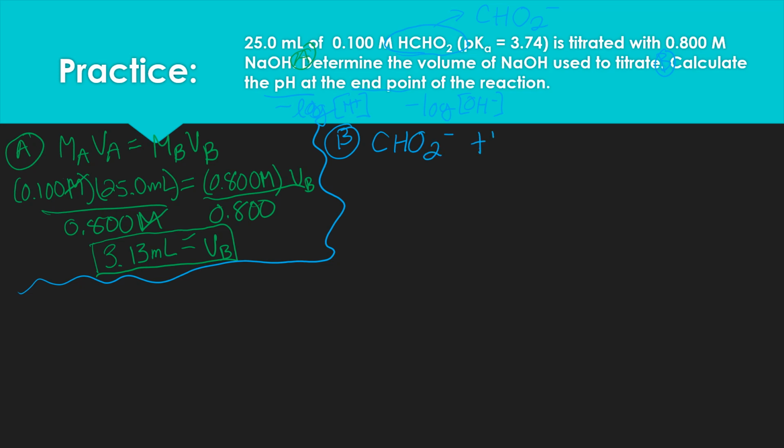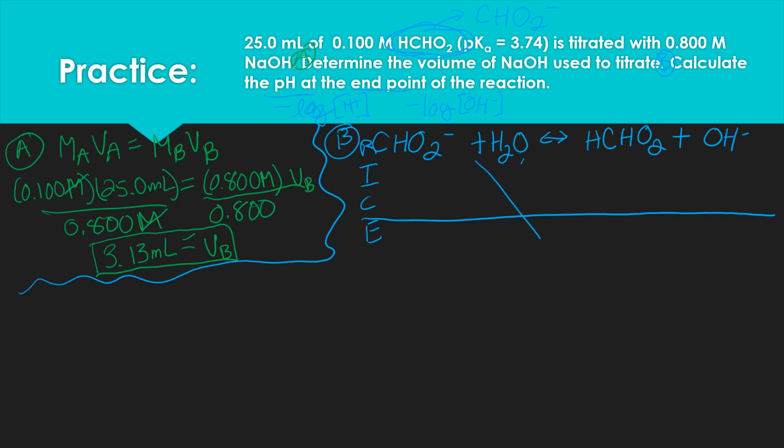We're going to add water because it's the hydrolysis. This was our acid. It made a conjugate base. Bases gain hydrogen, so it's going to form back into that weak acid. And a hydroxide is left from water.